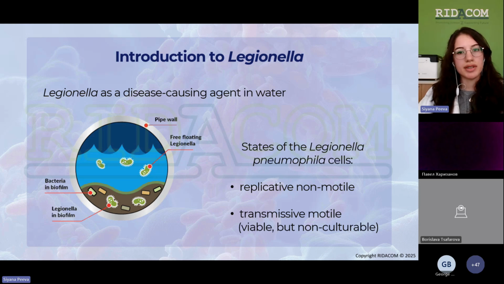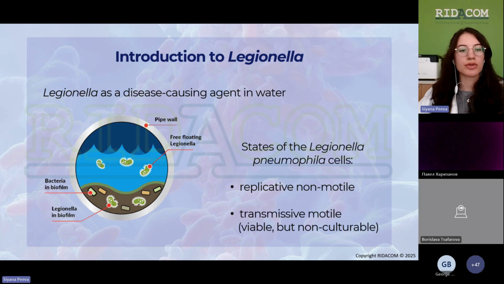So the respiratory disease is caused when a susceptible host inhales aerosols which contain the bacteria. And Legionella pneumophila is responsible for 90% of the cases of Legionnaire's disease. However, all of the Legionella species, under appropriate conditions, can cause those 2 very dangerous diseases.